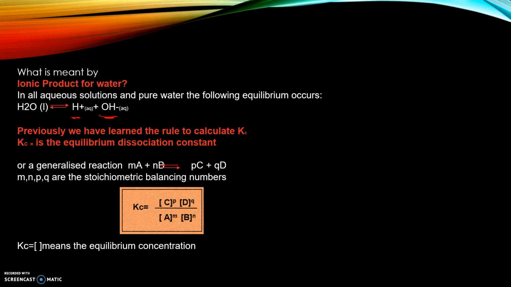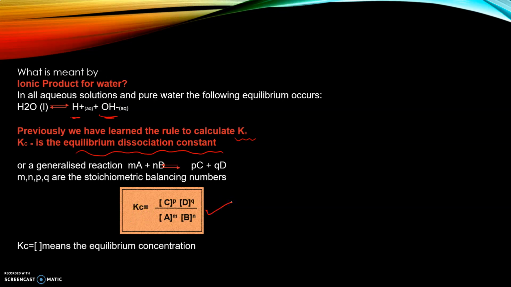When you studied acid and base last year, we studied something called Kc. What is Kc? This is called the equilibrium constant, and as we have learned, we can write it using this rule.